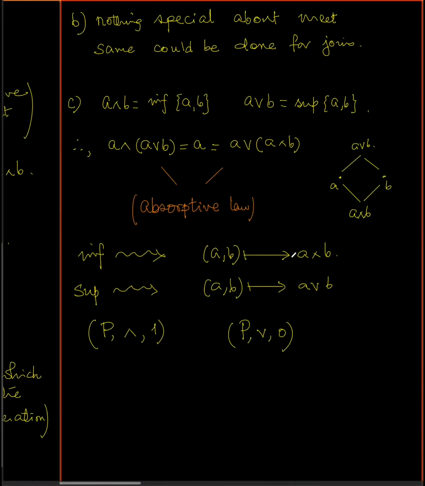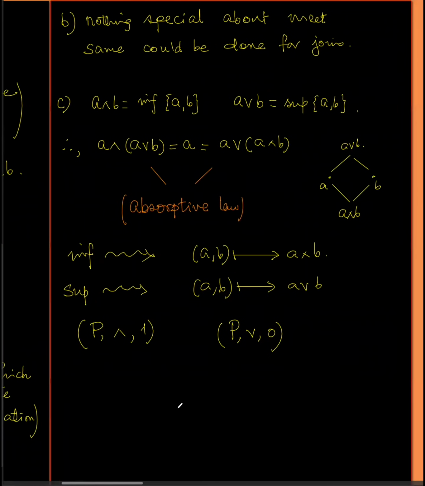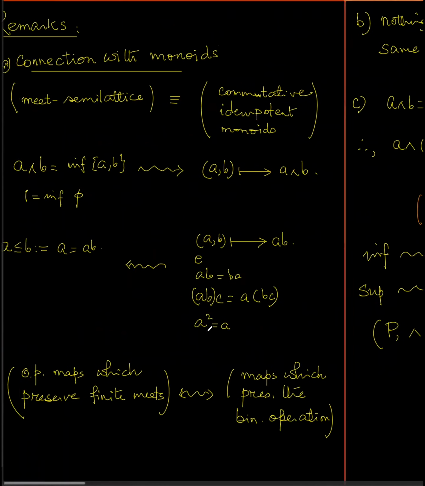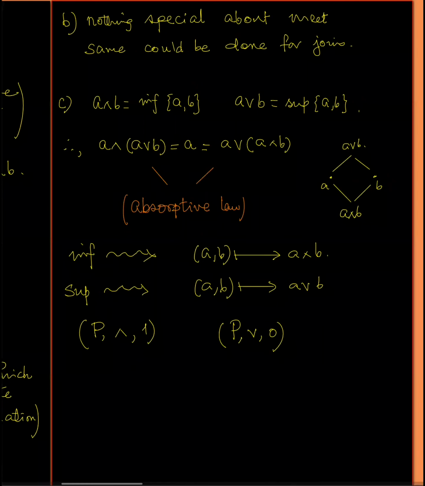Now, this suggests that possibly we can have a set with several binary operations, right? But one has to be careful. The handshaking of these two operations should not be too much. I just make a mention, I'll give a detailed proof next time.